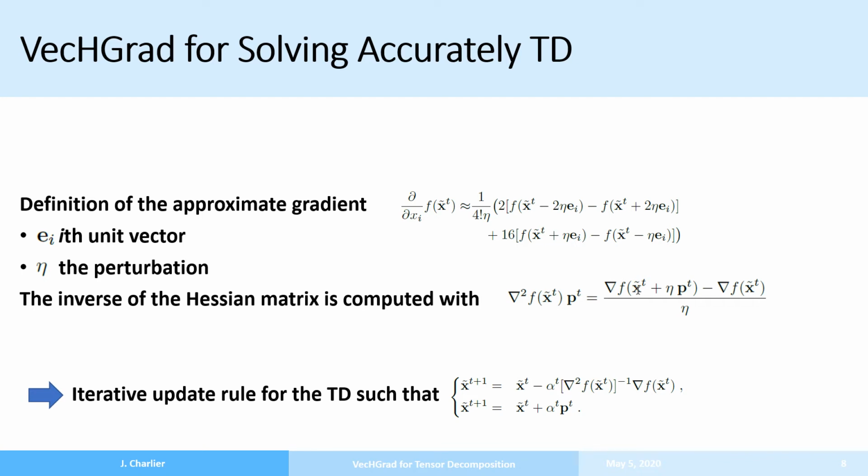In our algorithm, we are speaking about tensor and tensor decomposition, and we have a loss function, but we also have to define the gradient of the loss function. Here we define the approximated gradient according to the equation pictured here. So we don't use an exact solution of the gradient.